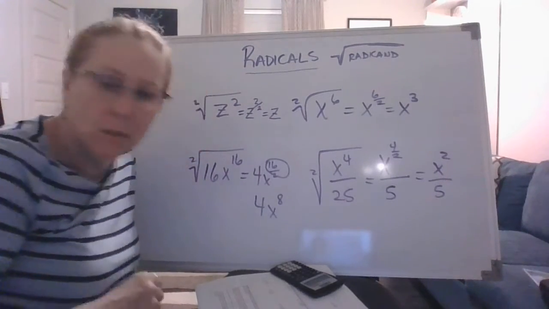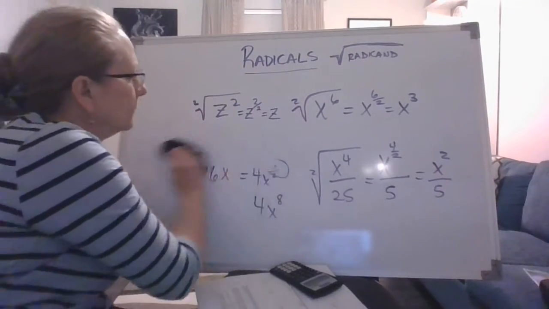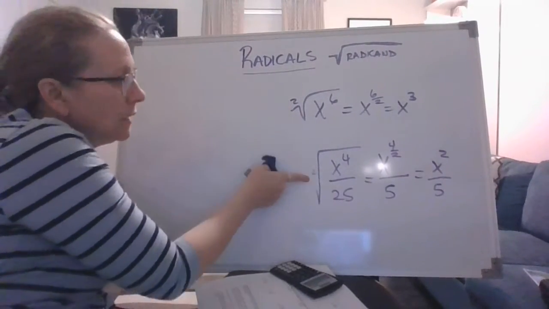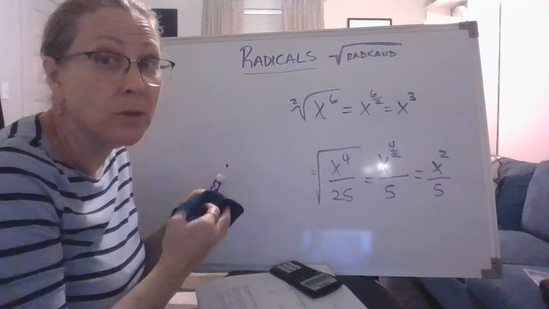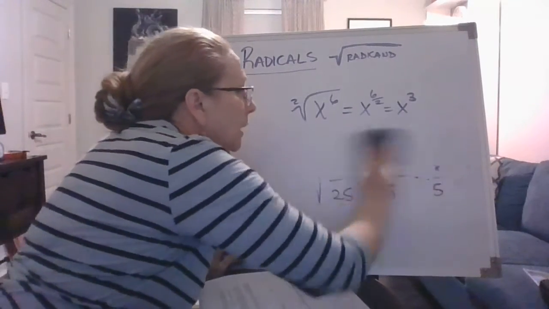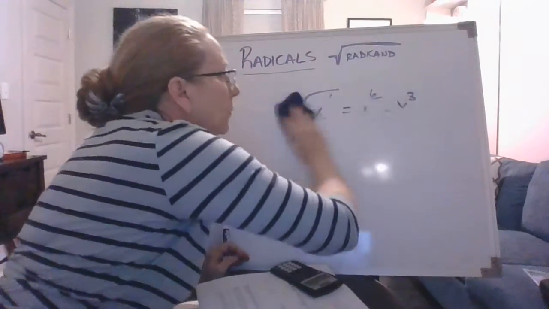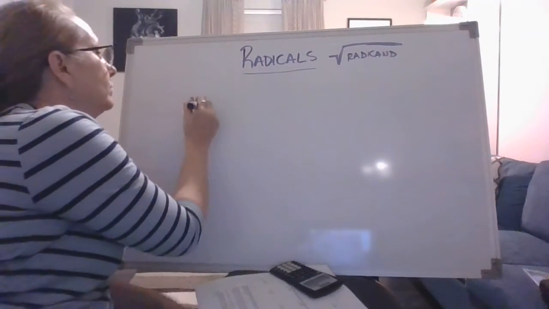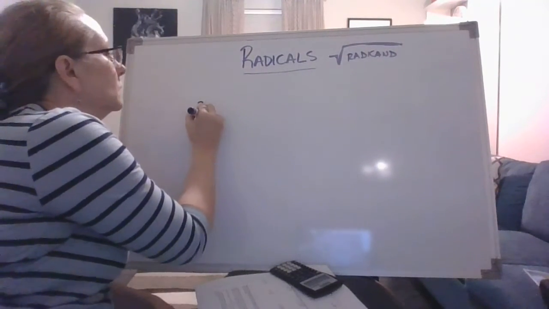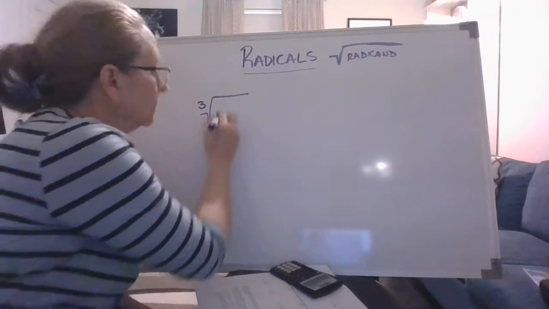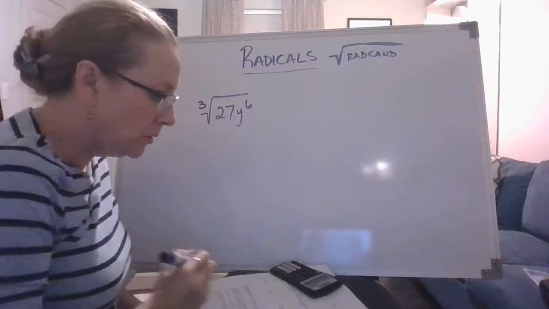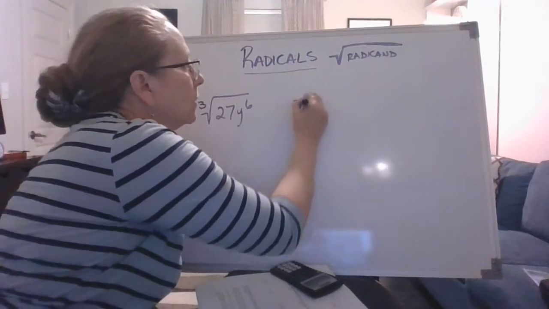Okay, so what if we have a third root? Notice I put the index of 2 here, so you have to remember there's a 2 when you're doing a square root of variables. So here are two cube roots.